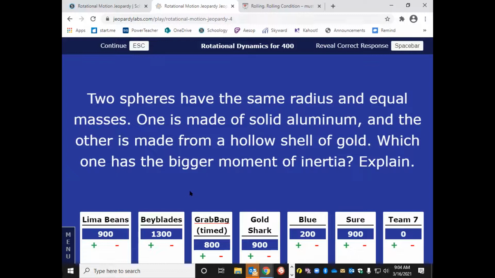Yep. Right, if all the mass is on the outside, you're going to have a bigger moment of inertia.